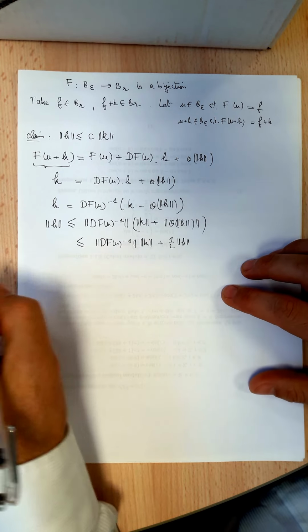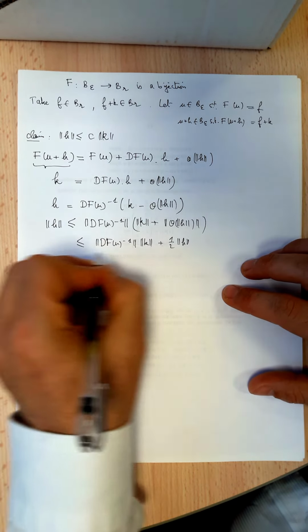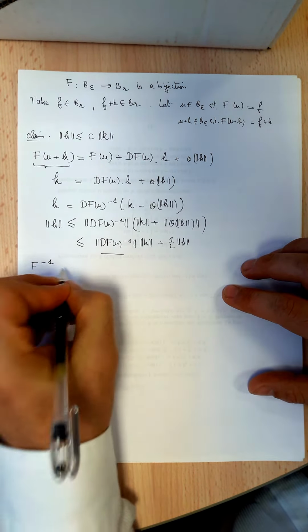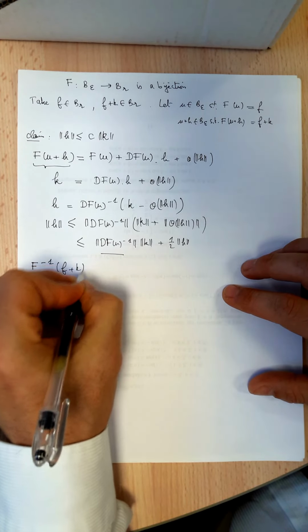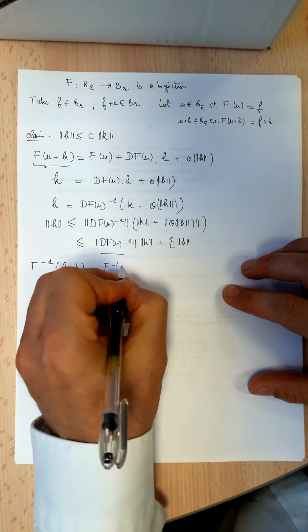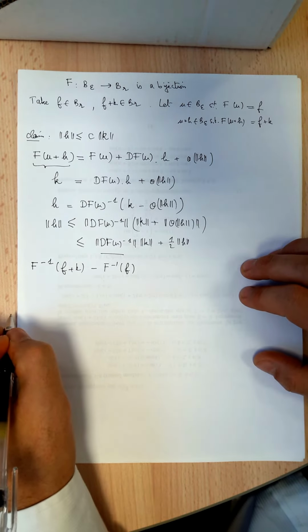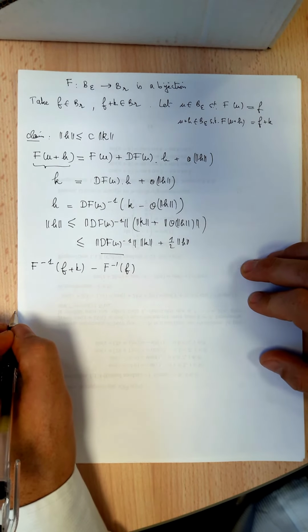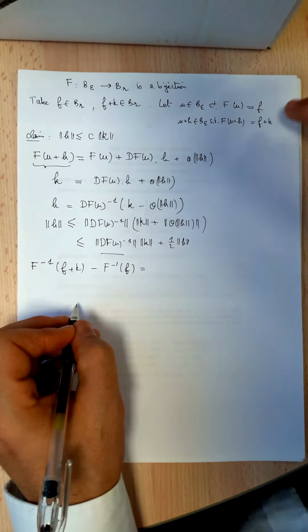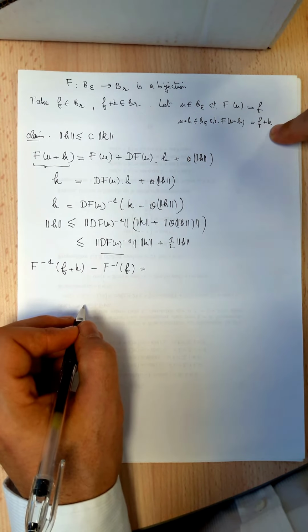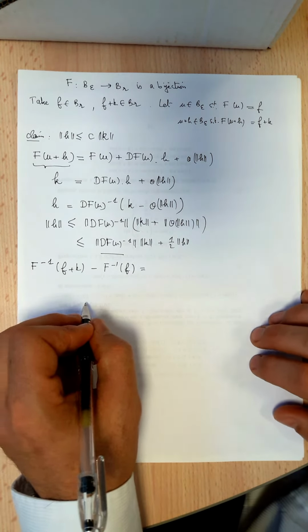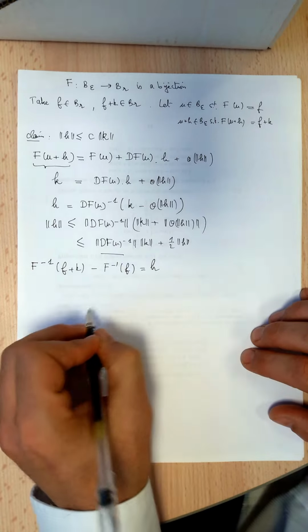Okay, we're almost done now, so now we can compute the increment f inverse of y plus k minus f inverse of y. By definition of u and u plus h, this is exactly equal to u plus h minus u, so it's simply equal to h. And what is h?